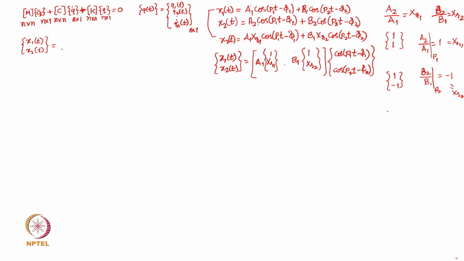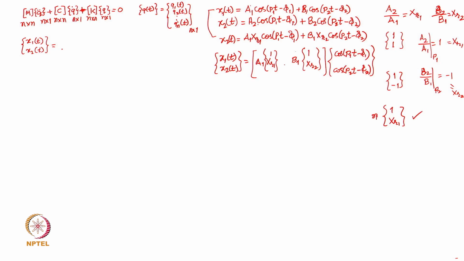Now, you all know that if xr1 is the first mode or a mode shape, then any constant multiplied by that is also a mode shape.